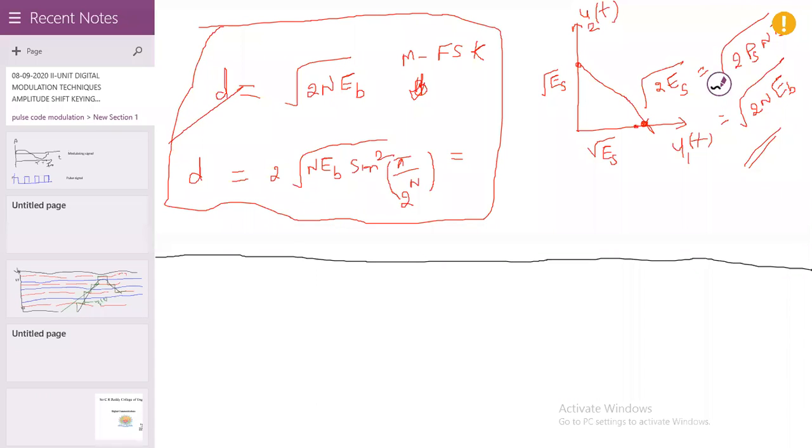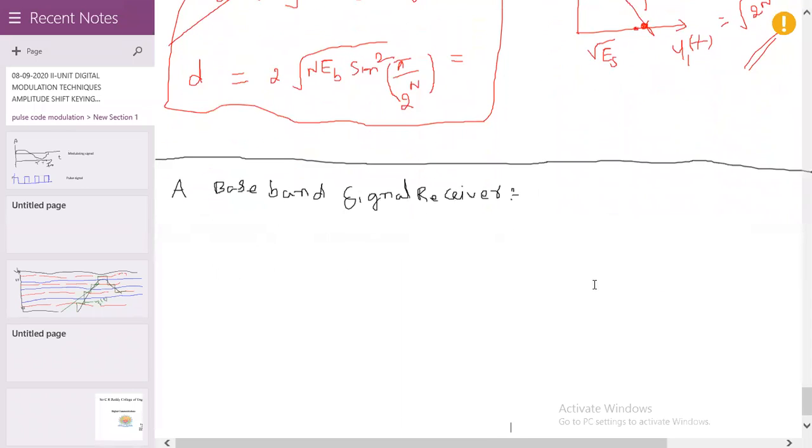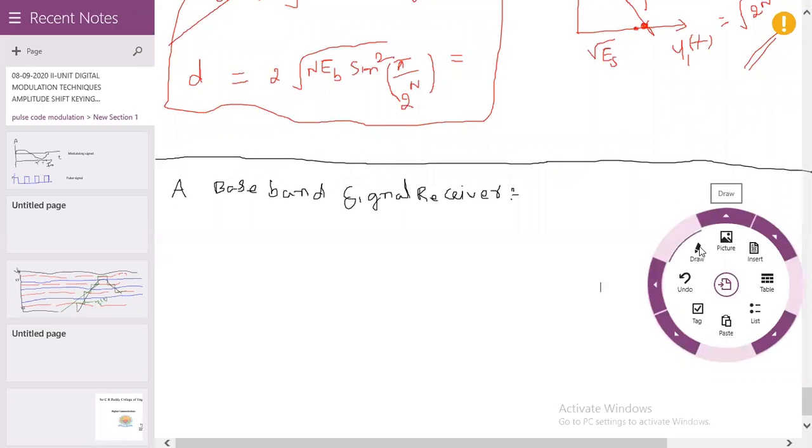Heading: a baseband signal receiver. Before discussing the receiver functioning, let us see how we can identify the noise along with our signal.